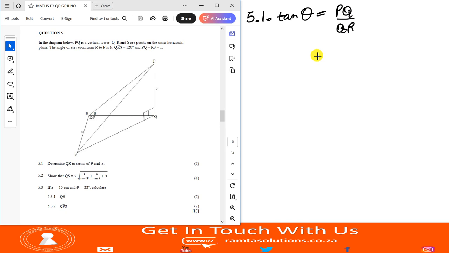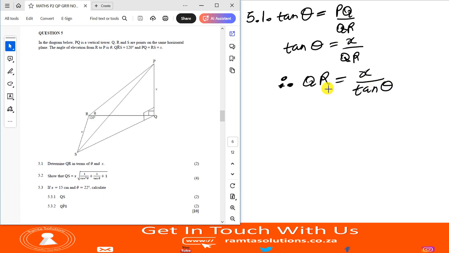Tan theta equals, what is PQ? PQ is X. What is QR? We do not know. Therefore, QR is equal to X over tan theta.